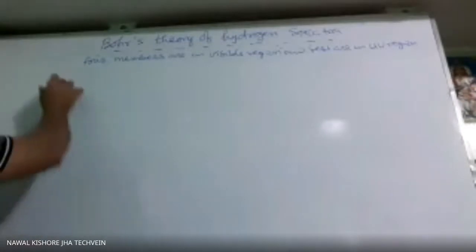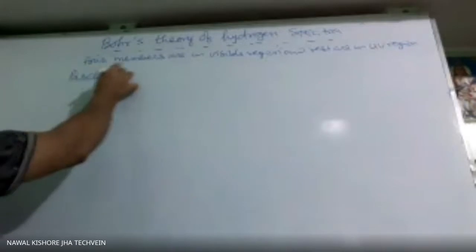In chemistry you have done this, no? So Lyman, then Balmer, after that Paschen. In this, either the electron will jump from the third orbit to any higher orbit, or from a higher orbit it will come to the third orbit.